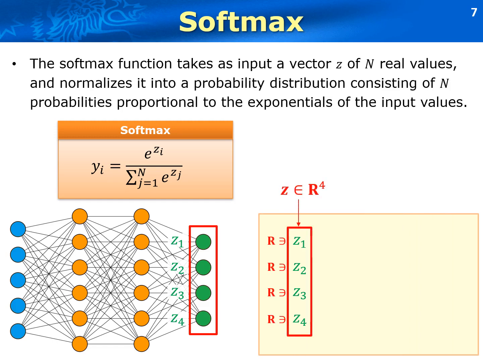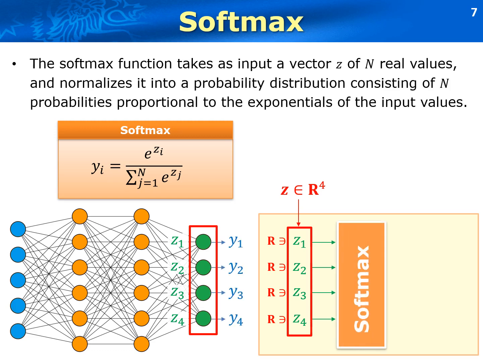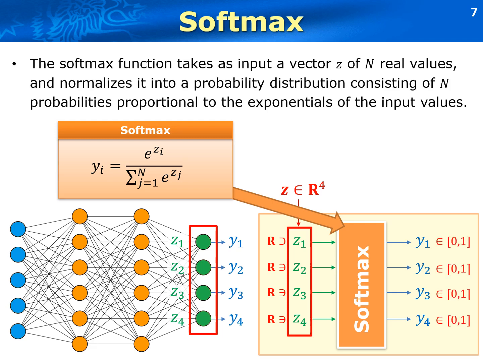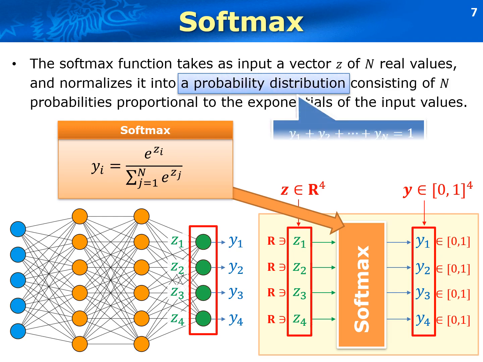After applying softmax, we can get a normalized probability vector Y, whose ith entry yi is a rescaled real number between 0 and 1. Since the output is a probability distribution, the vector y satisfies each entry yi is between 0 and 1, and the sum of all yi in vector y equals 1.